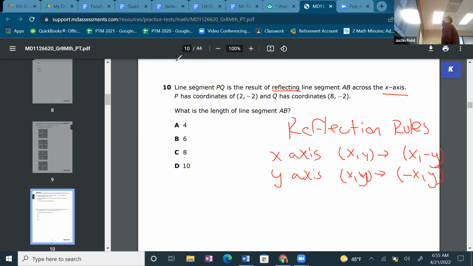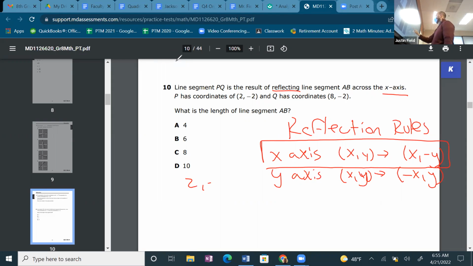All right. Good job. So we're reflecting across the x-axis. So what is the length of the line segment? Okay. (2, negative 2), (8, negative 2).